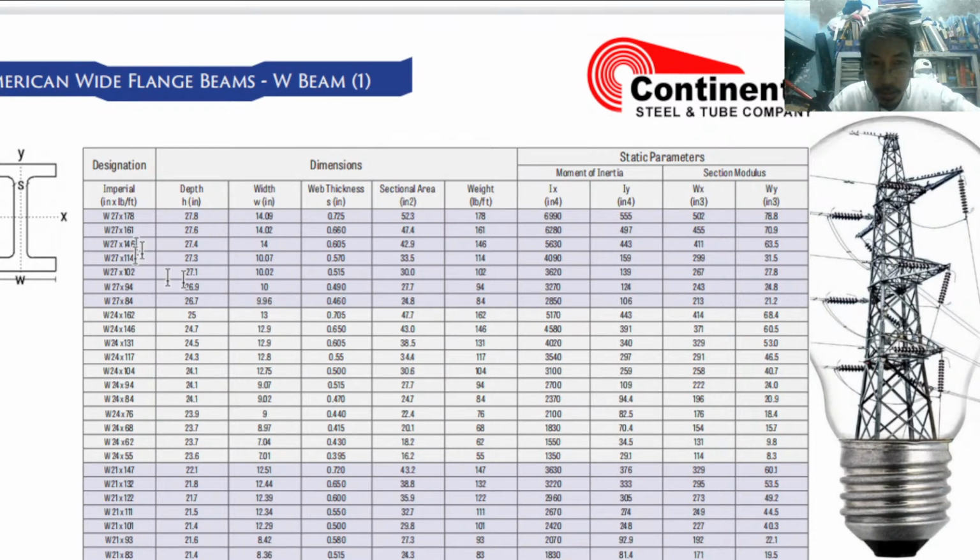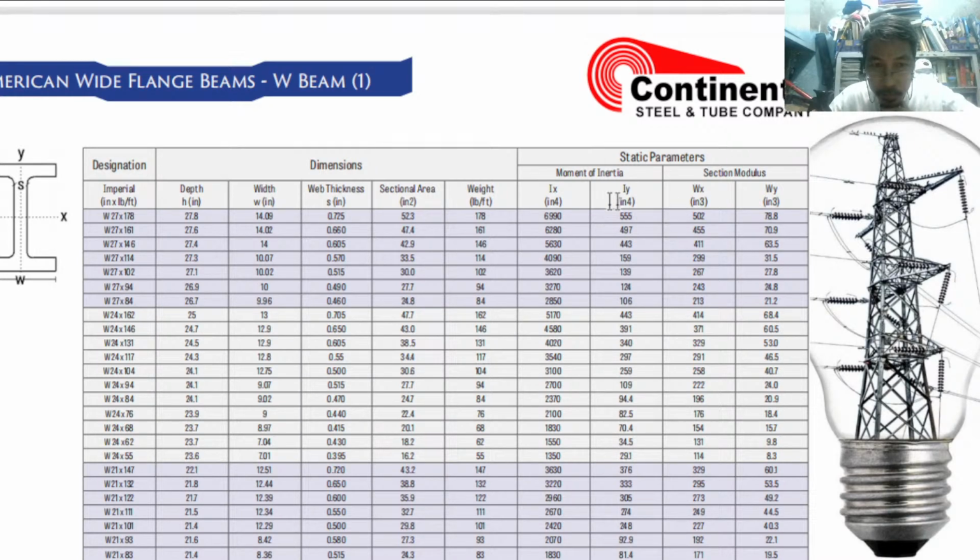We have the depth, the width, the web thickness, the sectional area, which is what we want, and the weight.